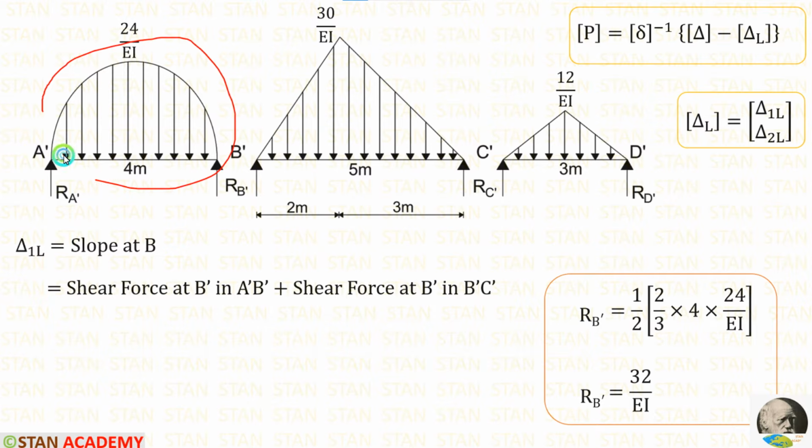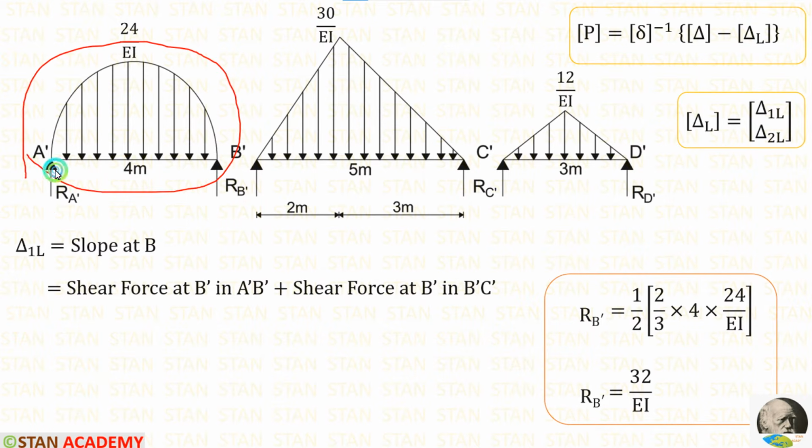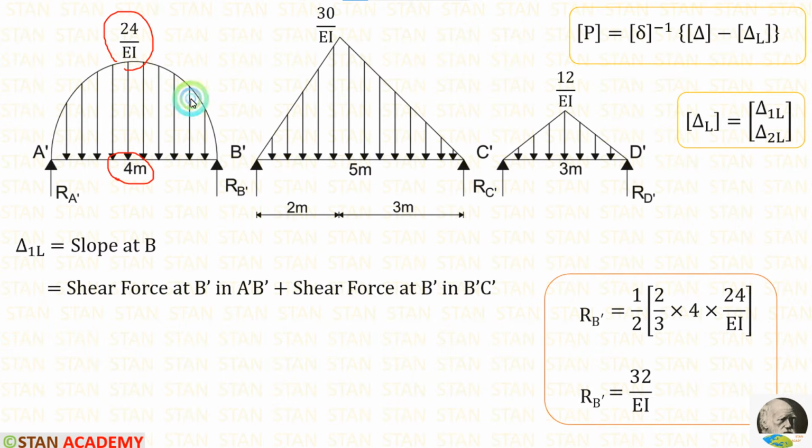This is a symmetrical diagram, so we can easily calculate the reactions. The reactions RA dash and RB dash will be equal to the area divided by 2. The area formula for this parabola is 2 upon 3 into breadth into height. Here the breadth is 4 meters, height is 24 upon EI.